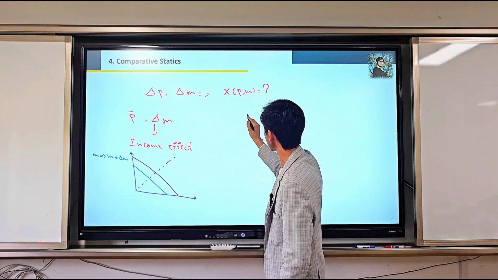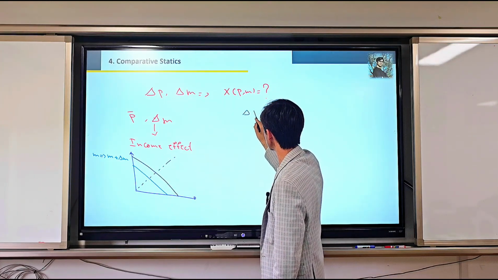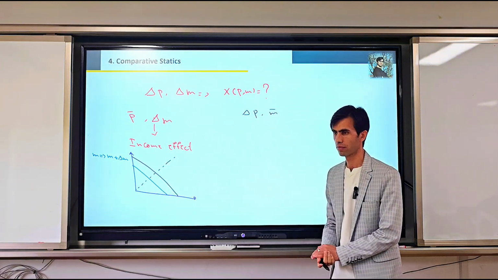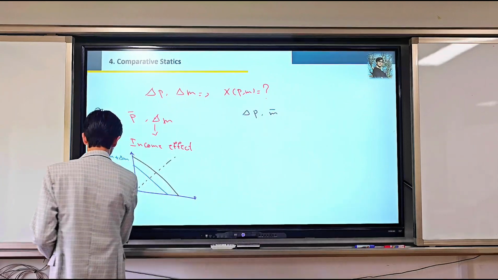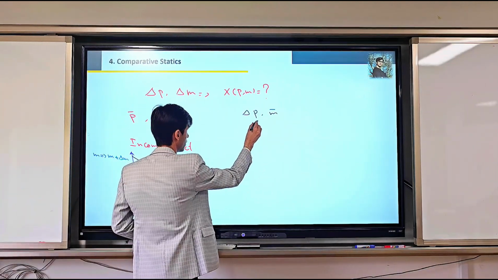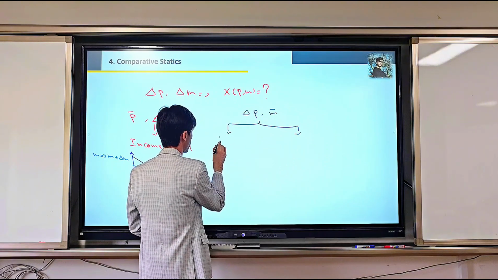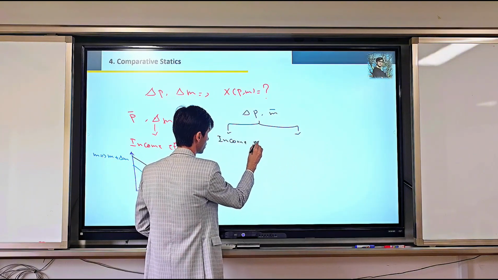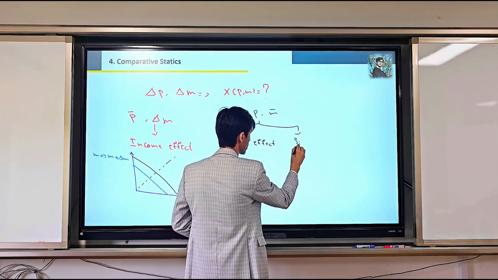But in another way, when the price changes but the income is fixed, in this case we have two different effects, which are income effect and substitution effect.